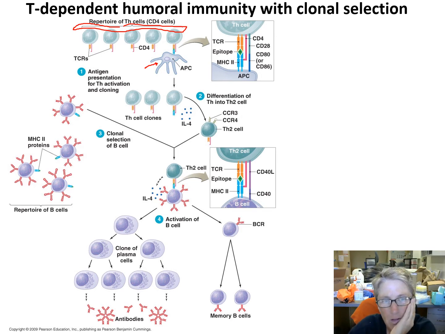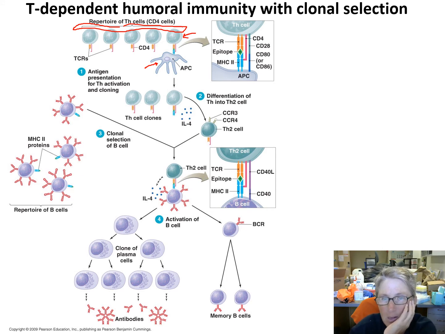So this dendritic cell probably was in the skin, phagocytized a pathogen, chopped it up, and put a piece or an epitope of that pathogen in this MHC2 complex, and this T cell specifically had the receptor that recognized this.